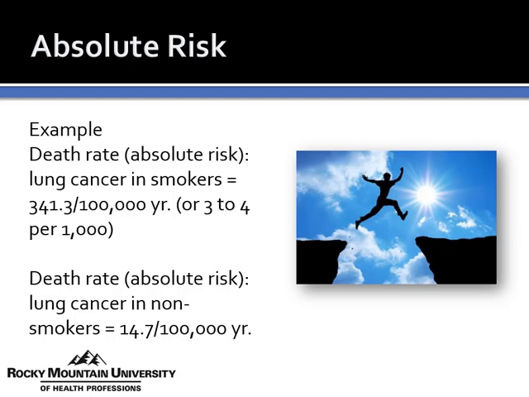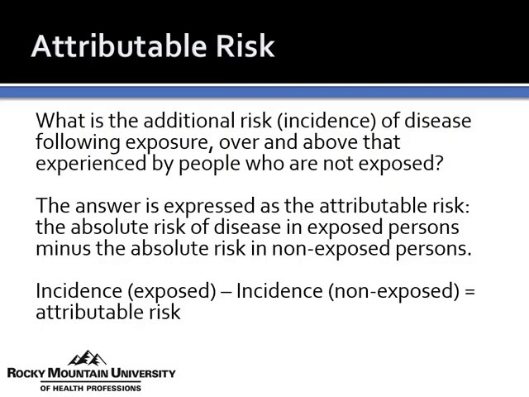You can compare death rates in lung cancer in smokers to lung cancer in non-smokers. And so this particular slide shows that absolute risk number. You can see that it's much higher, obviously, in the smoking population. The attributable risk, this is the additional risk of disease following exposure over and above that experienced by people who are not exposed.